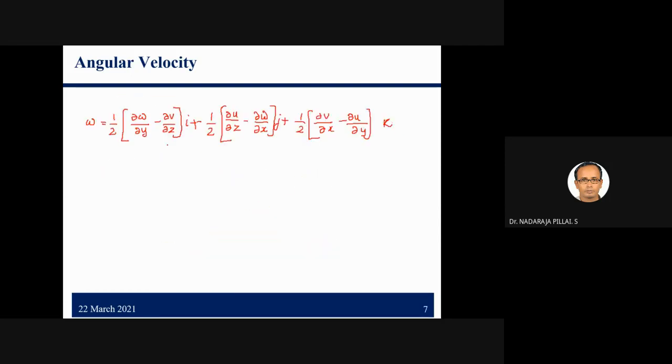So this is the equation for the angular velocity. So this equation expresses the angular velocity of the fluid element in terms of the velocity field, right?